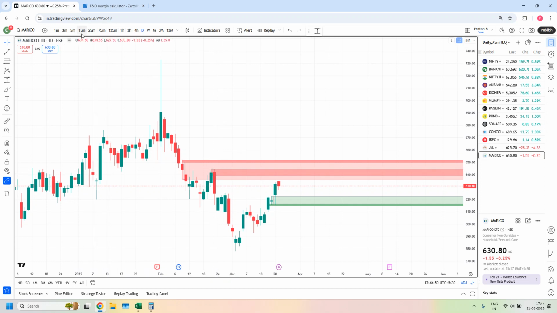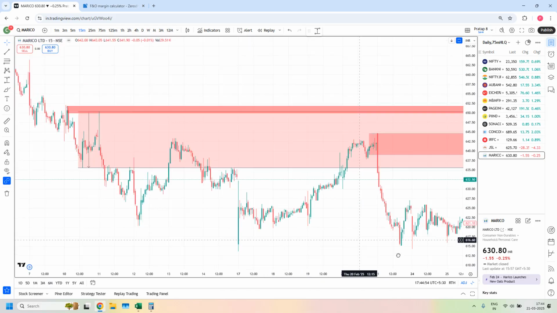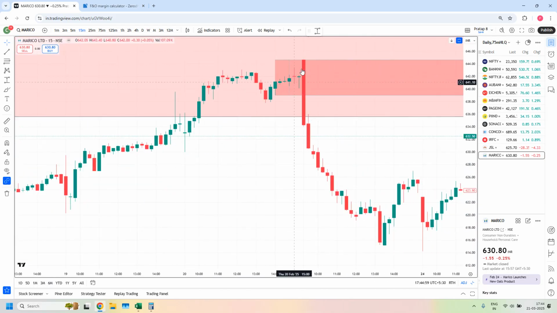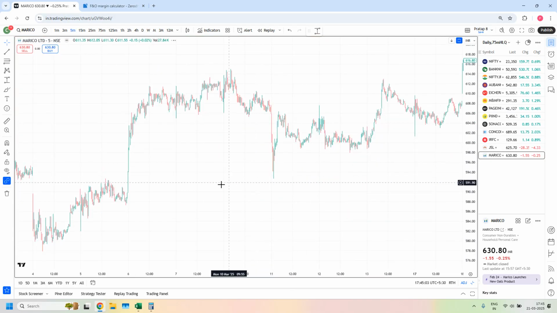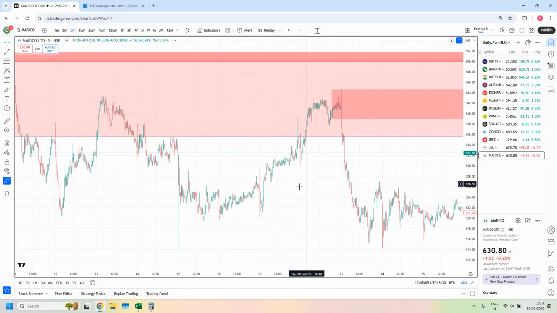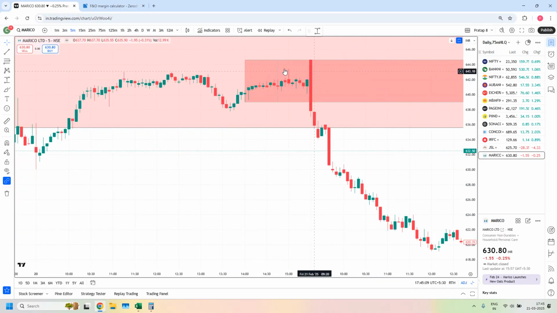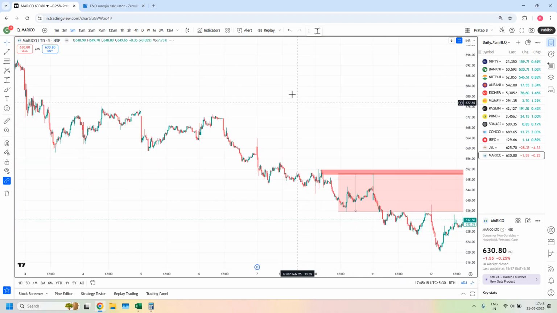And in 15 minutes we have a zone, but no fine-tuned zone is available. Go to 5 minutes time frame. 5-minute structure is not good. I'm not comfortable with this 5 minutes price structure. So that's why no trade plan here, but it is having a horizon.